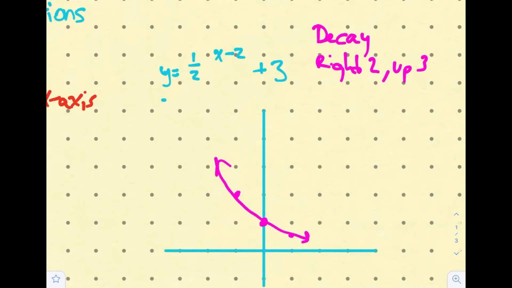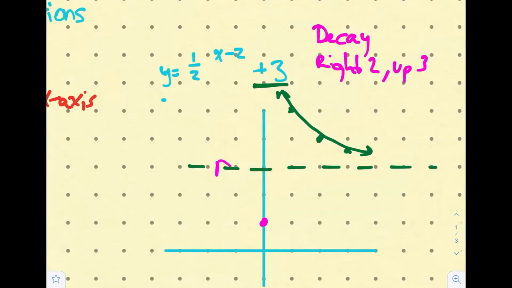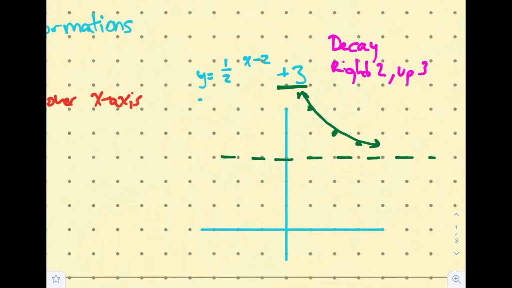And then I can just add 2 to each x coordinate, add 3 to each y coordinate. Now, this does change the asymptote. Because we're shifting it up 3, our asymptote is actually at y equals 3. So the asymptote always follows our translation up or down.